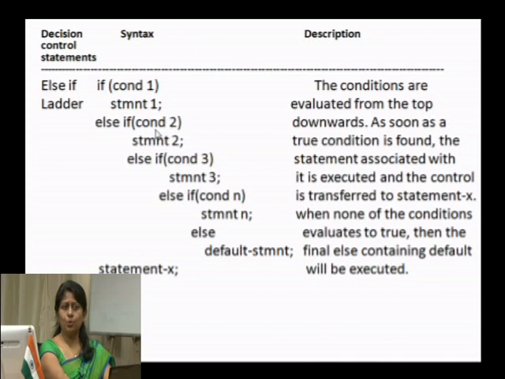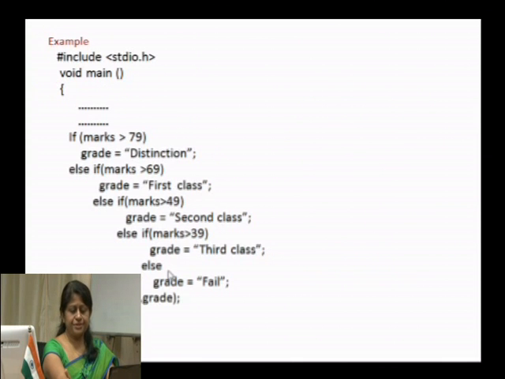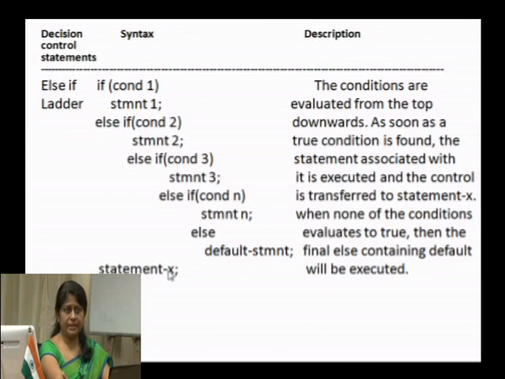If condition 2 becomes false, then it gets into the else part, where again you check another condition 3, and if this becomes true, statement 3 would be executed, and so on it continues. The last part would be a default statement, where you are not going to check any condition, but the default statement might have to be executed, followed by the next part of the program. That finishes the entire if block.